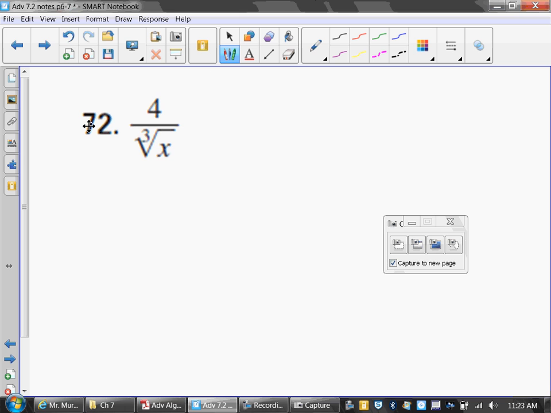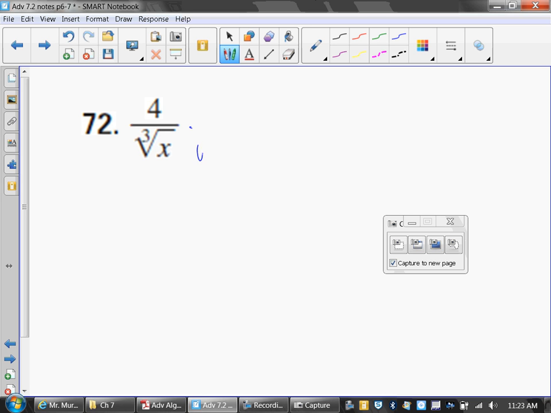Okay. In that denominator, you've got a cube root. So what you want to be able to do to eliminate that denominator, you want to turn it into a perfect cube. Right now, your exponent is just 1. What is the next multiple of 3 that comes after 1? 3. Okay? So what do you have to multiply this x by to turn it into a multiple of 3? X squared, thank you.